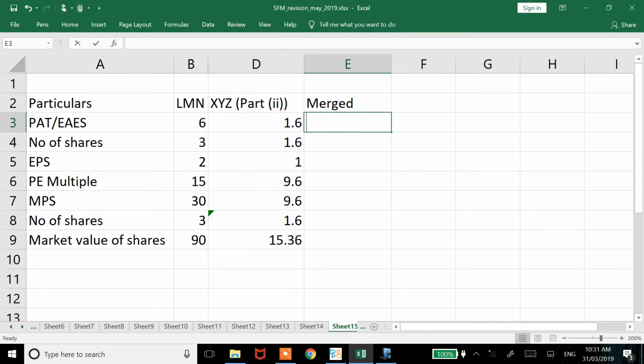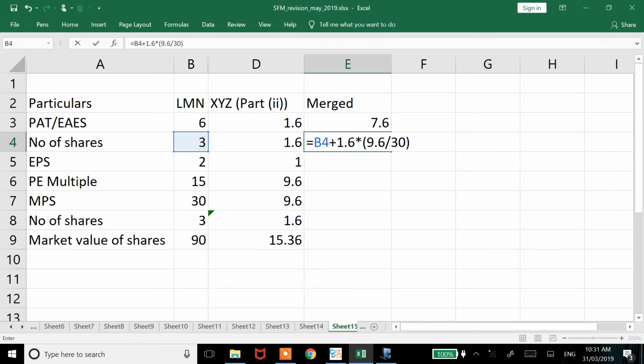So my merged is 6 plus 1.6, 3 plus 1.6, into my allotment, which will happen in the ratio of 9.6:30. The base values are 30:9.6, but allotment will happen in the ratio of 9.6:30, so into 9.6 divided by 30.